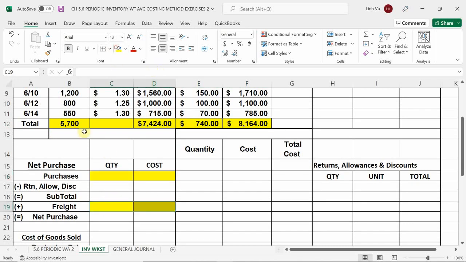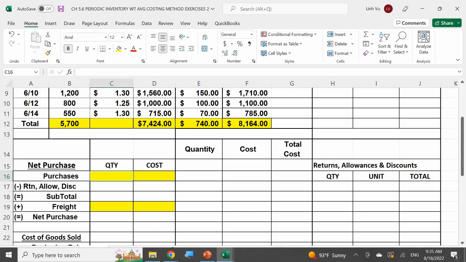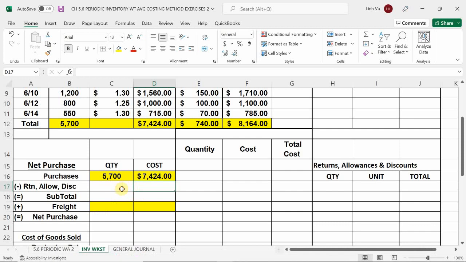So let's go ahead and calculate our net purchases here. We have 5,700 units at $7,424. We are assuming we have 0 returns and allowances.